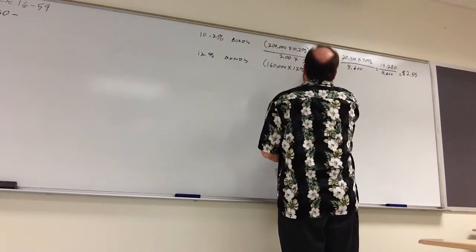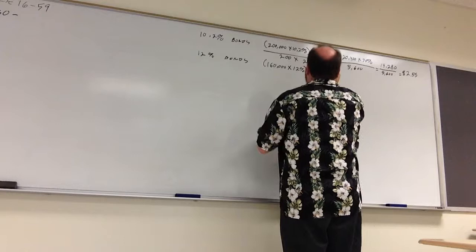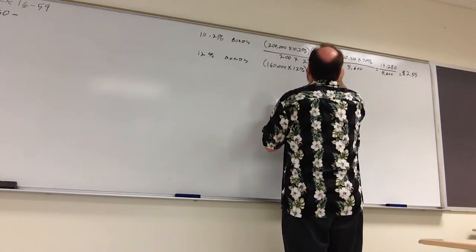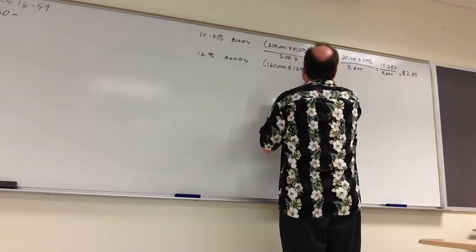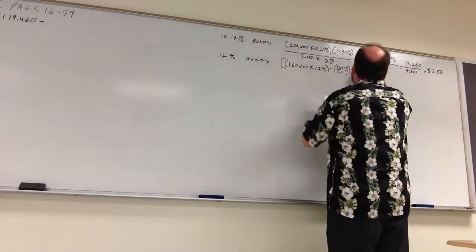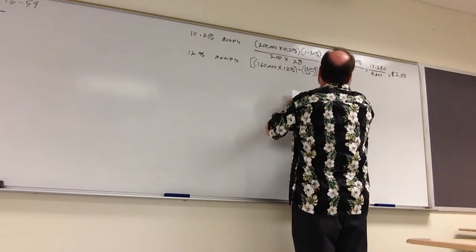16,000? And we're going to subtract that. And it's being amortized over 20 years. And we're then going to multiply all of that by 1 minus 30%.